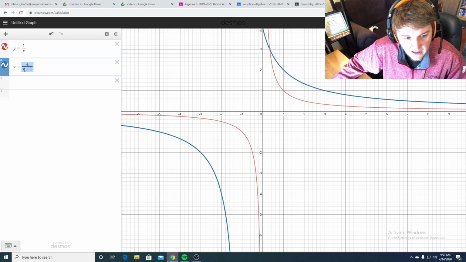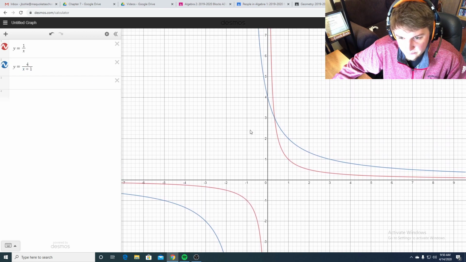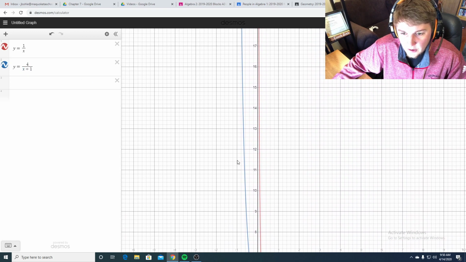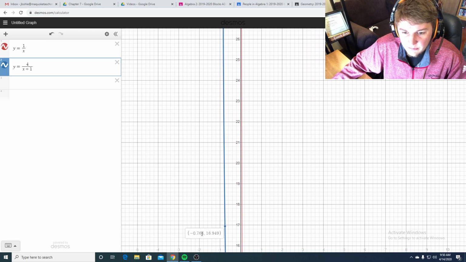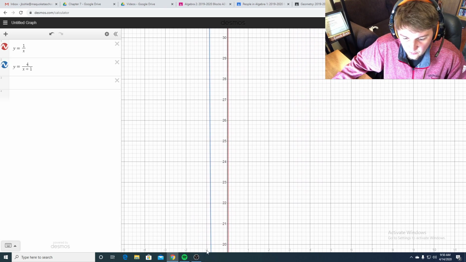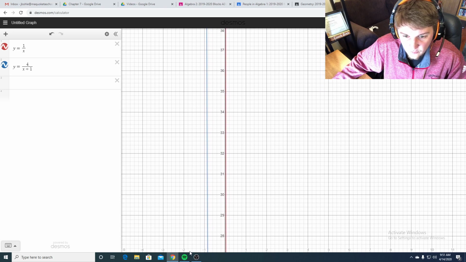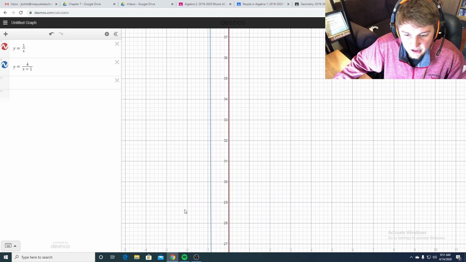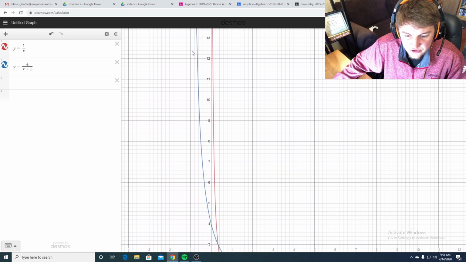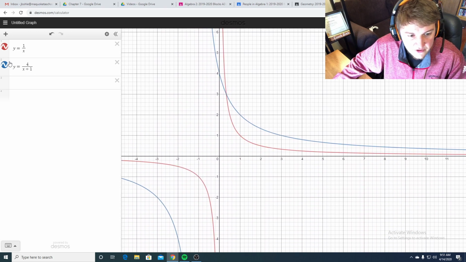Because if you think about it, plugging negative 1 in for x here would cause me to divide by 0. As I move up and up, you can see I'm getting closer to x is equal to negative 1. I'm going to get closer and closer, but I'm never actually going to reach it. So this bottom part is going to shift it left and right.